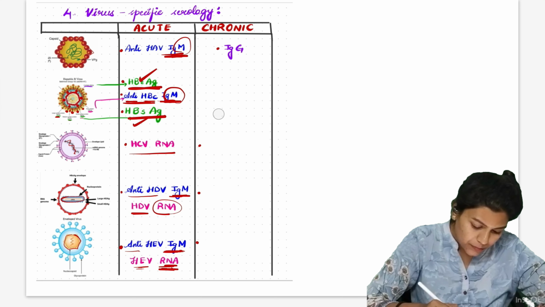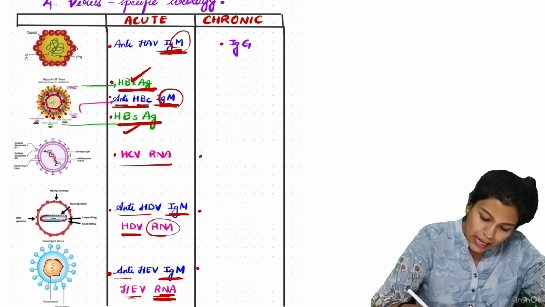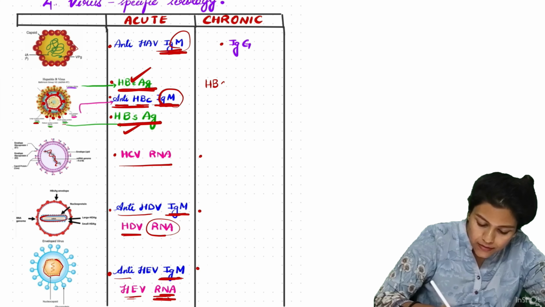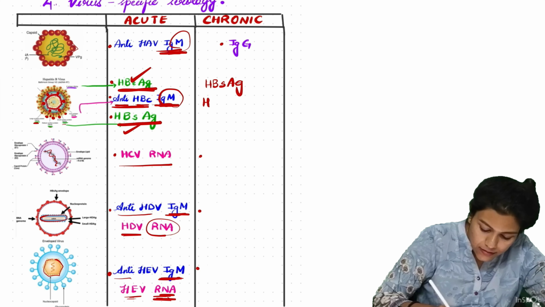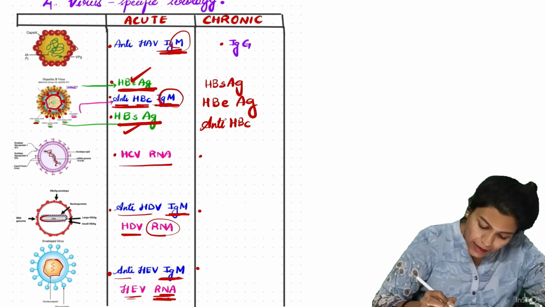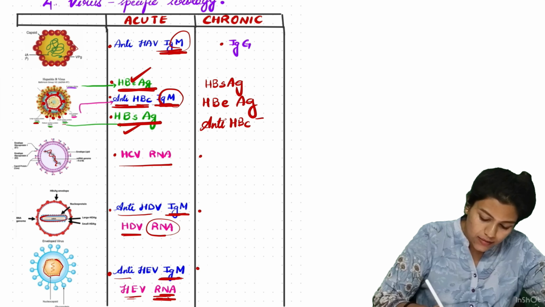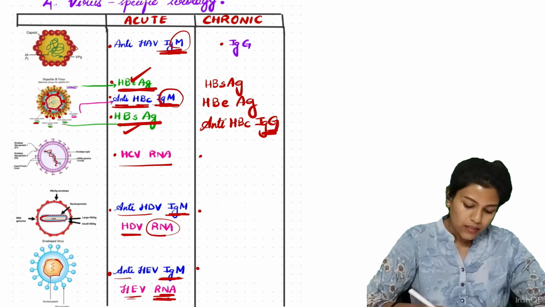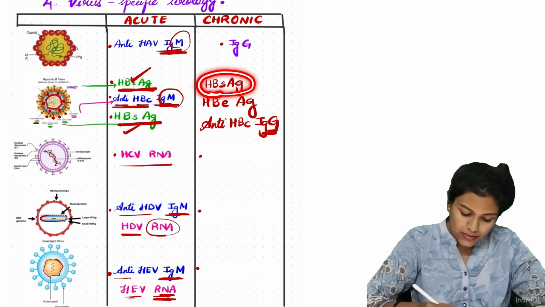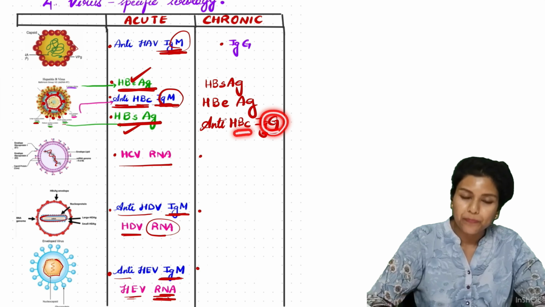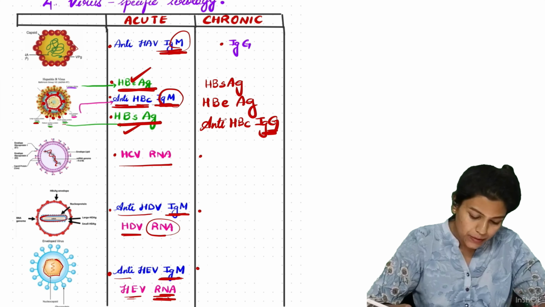For hepatitis B, in the highly infective cases we'll have hepatitis B surface antigen, hepatitis B envelope antigen, and anti-hepatitis B core antibodies present, but it is immunoglobulin G type. So in chronic hepatitis B, we have surface antigen, envelope antigen, and core antibody, which is IgG. This is about the chronic hepatitis B.